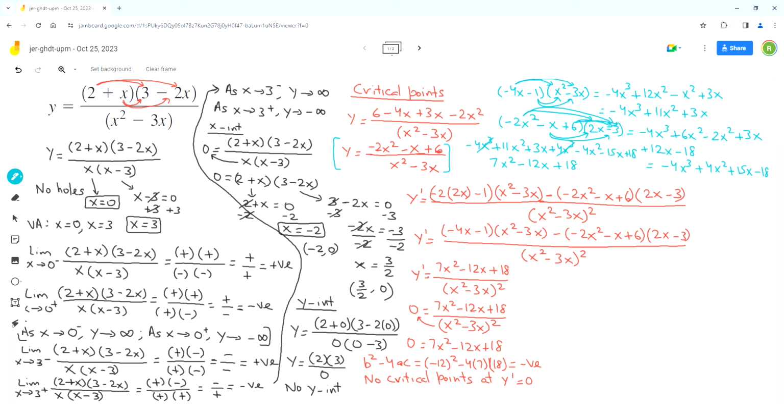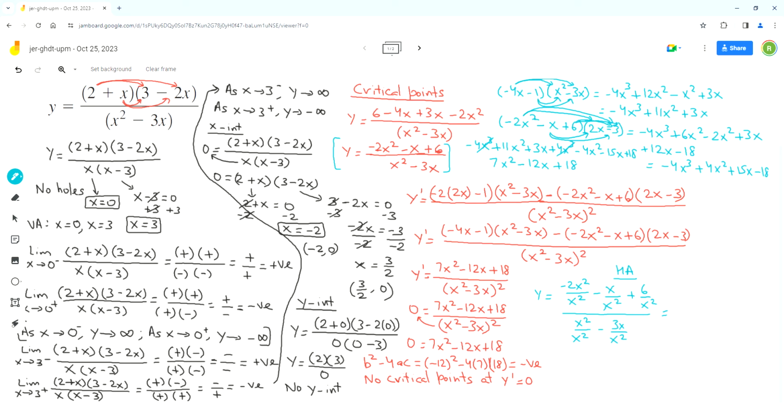I can do the analysis here. So we are doing the analysis for horizontal asymptote. We have to divide each term in the numerator and the denominator by x². So we get -2x² over x², and then -x over x², plus 6 over x², over x² over x², and then -3x over x².